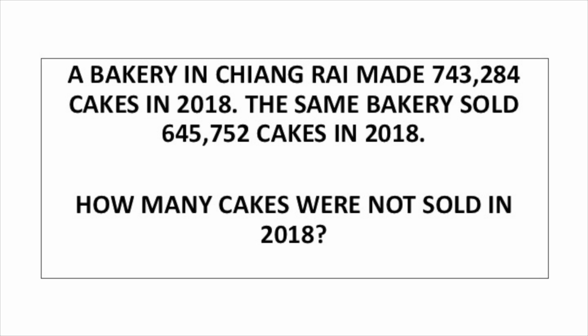So our first word problem. A bakery in Shanghai made 743,284 cakes in 2018. So that was last year.